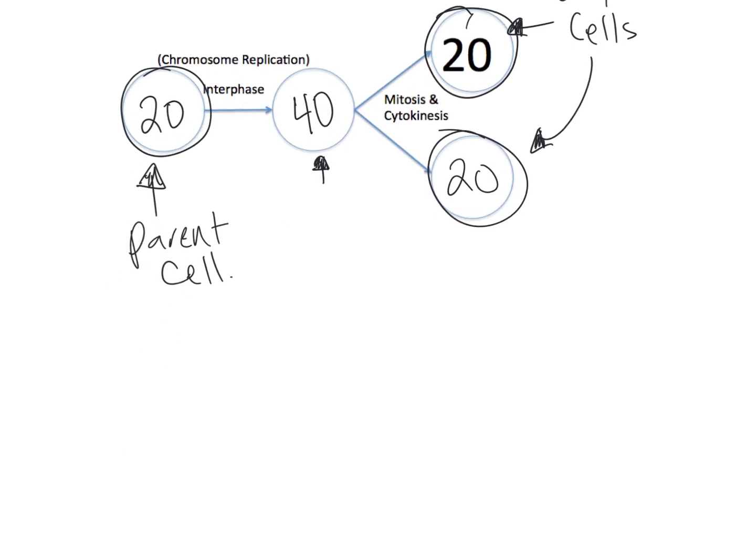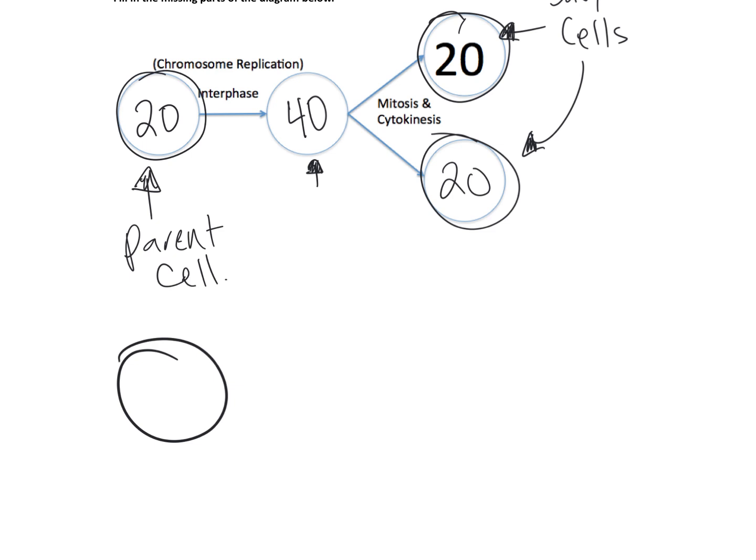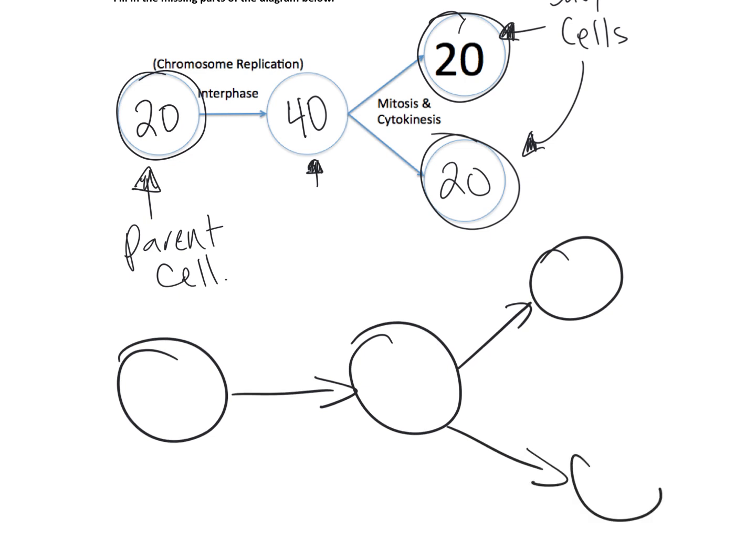Just to do one more example with my diagram here, let's say that I had a parent cell that had 14 chromosomes. If that's the case, then my daughter cells, this one and this one, would both also have to have 14 chromosomes.